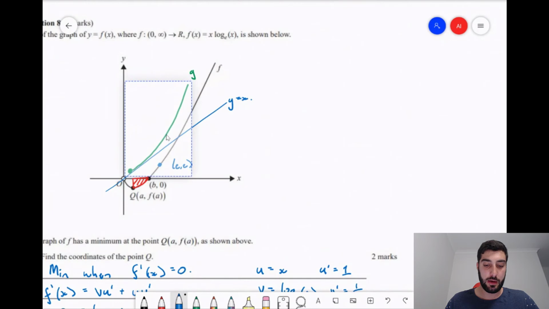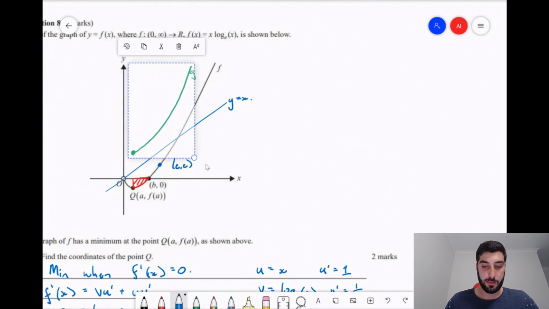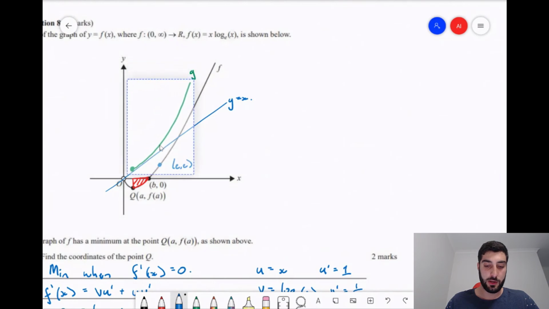But if k is large enough, g moves this way, its inverse moves outwards, and they will never intersect, right? So we're trying to find the point of k for which g exactly intersects with this line. And then if we do that, we can say the translation needs to be greater than that. So in that way, it's similar to the previous question.